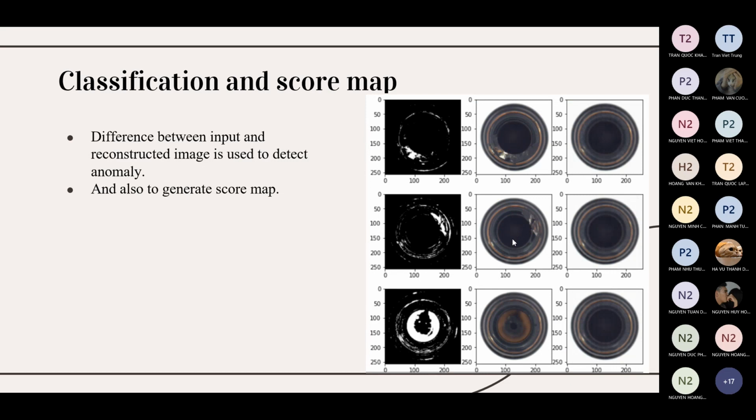And the accuracy of the classification ranges from about 45% for some datasets like carpet and leather to as high as 85% for bottle. And that's our classification and score map process.